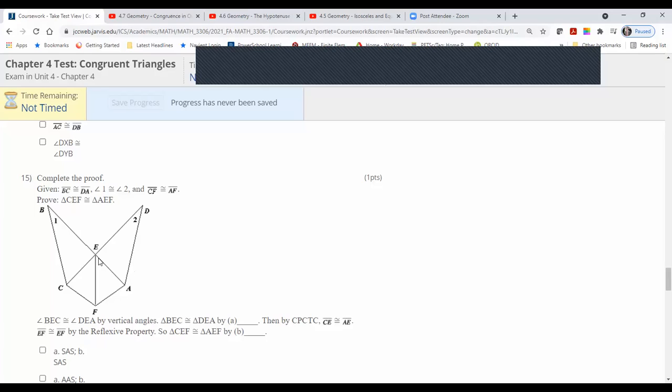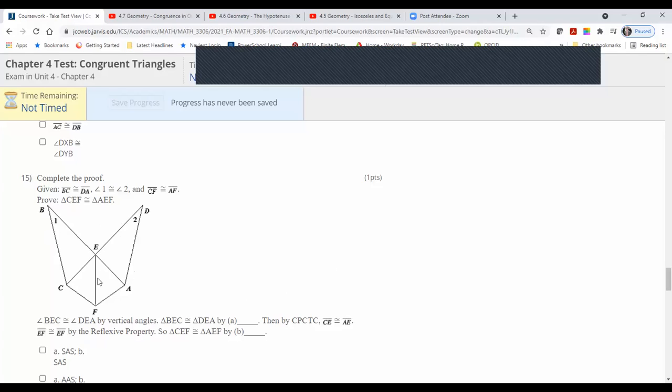So yeah, using angle side. Okay. And then using CPCTC, because these two triangles are congruent, this side and this side are also congruent. Okay.